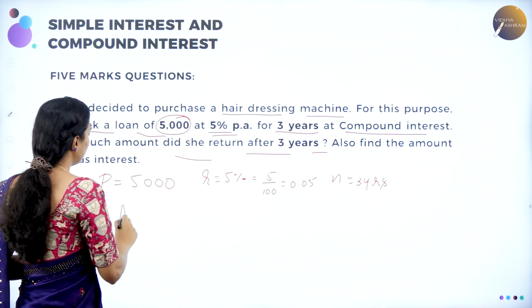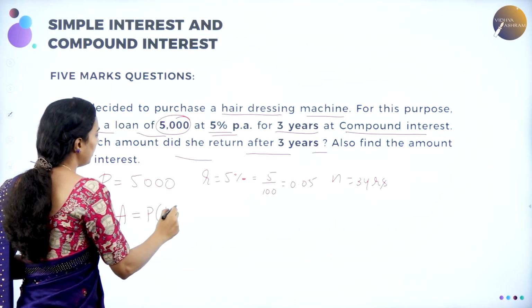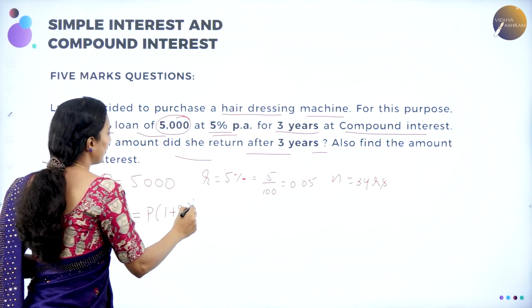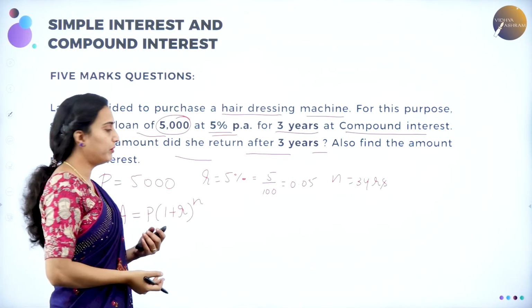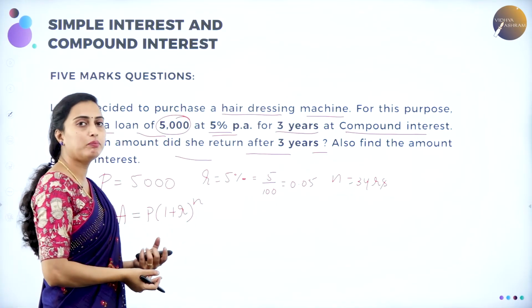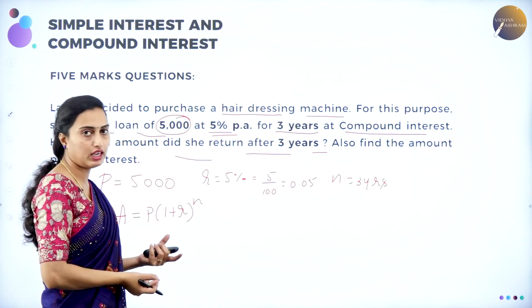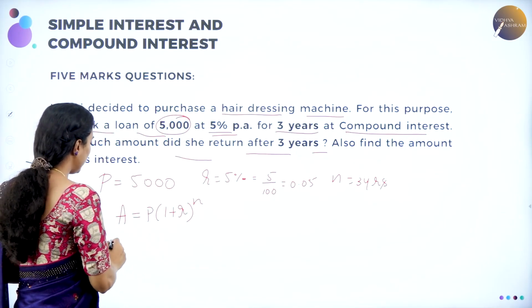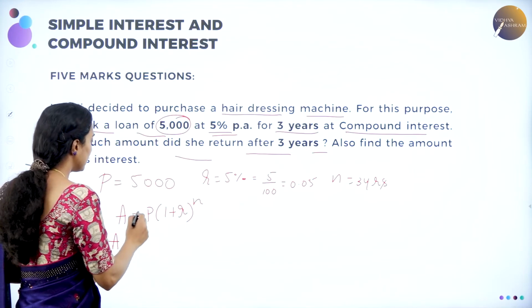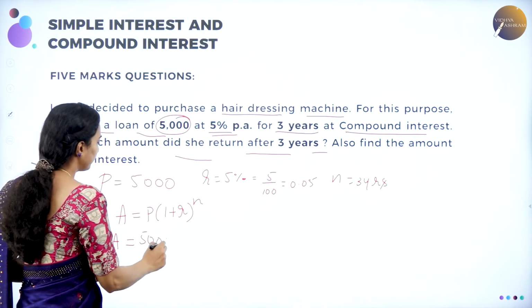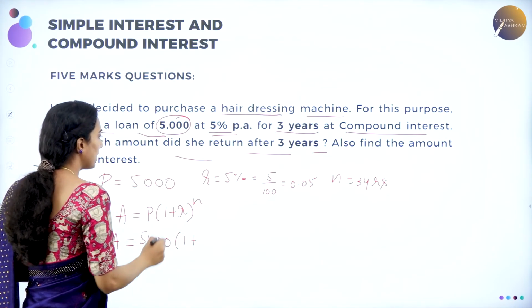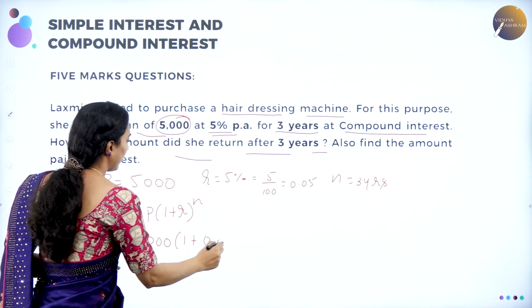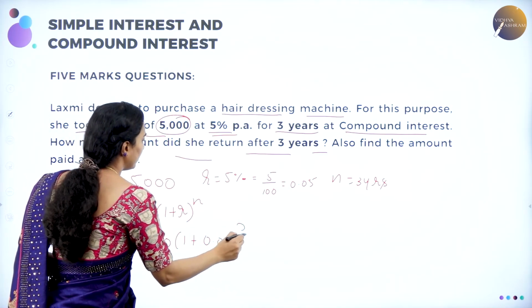A is equal to P into 1 plus R whole to the power of N. Substituting, we don't know what A is, so we write it as it is. P is 5,000 into 1 plus R, which is 0.05, N is 3 years.